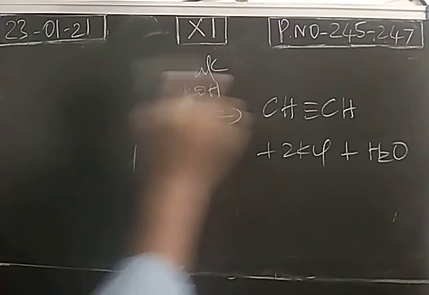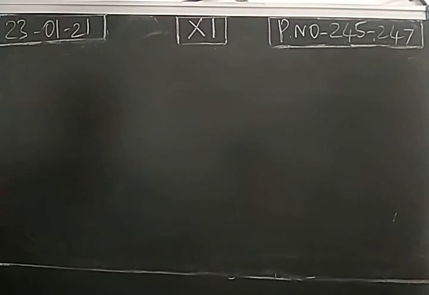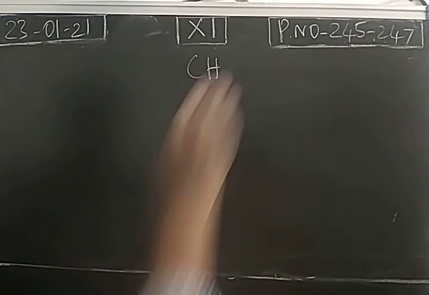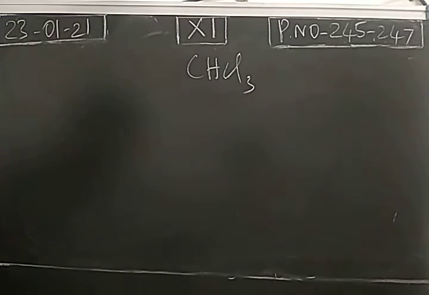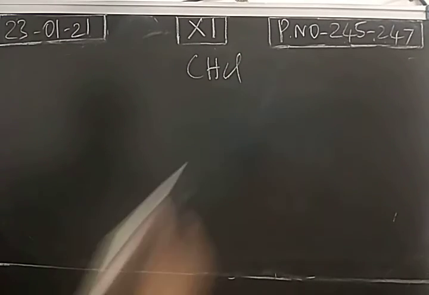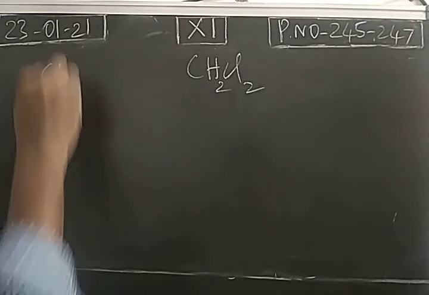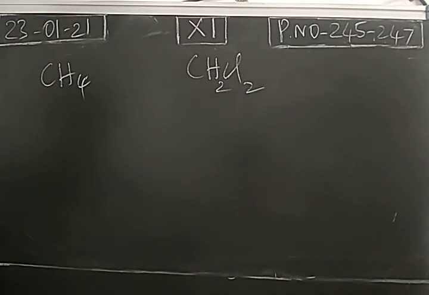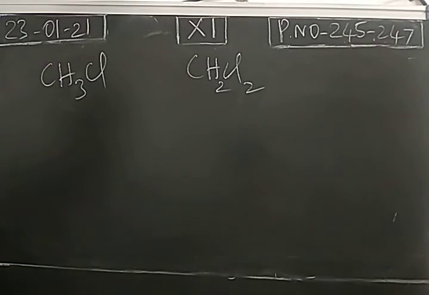So with this, preparation and properties of polyhalogen compounds are over. The first member is considered here. Preparation and properties of the first member of gem dihalide. You take methane, one hydrogen is replaced by halogen, we will get methyl chloride.